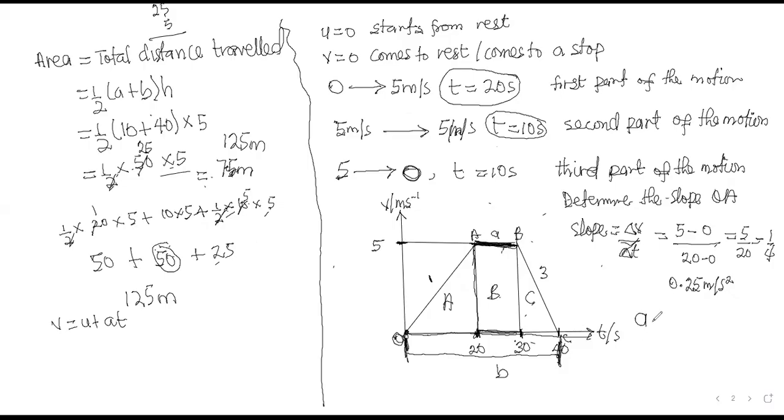Acceleration is equal to change in velocity, so final velocity minus initial velocity divided by time. For the part BC, what is the final velocity? Emelda, what's the final velocity for the motion BC?